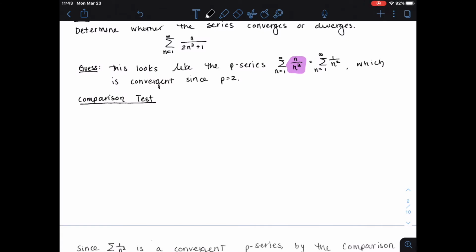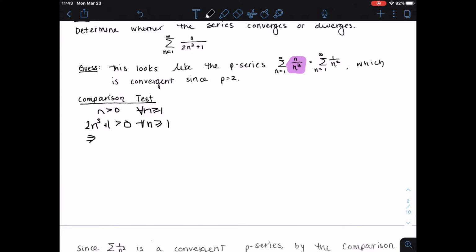First thing we have to do is show everything's positive. If we look at our original series, you know that n is definitely greater than 0 for all n greater than or equal to 1. You know the denominator, 2n cubed plus 1, is also greater than 0 for all n greater than or equal to 1.